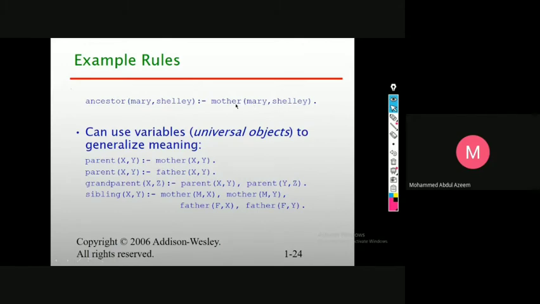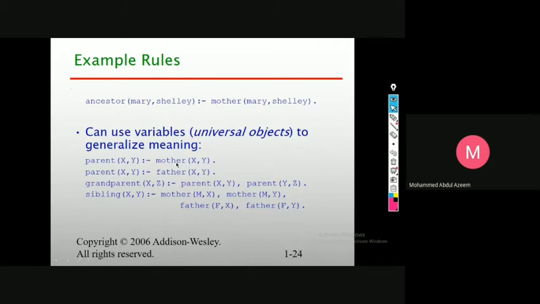Mary is the mother of Shelley. So here, since this is the antecedent, you pronounce it as if part, right? So what do you say now? If Mary is mother of Shelley, then you say that Mary is the ancestor of Shelley. Got it?